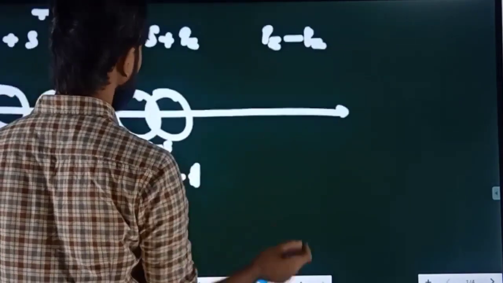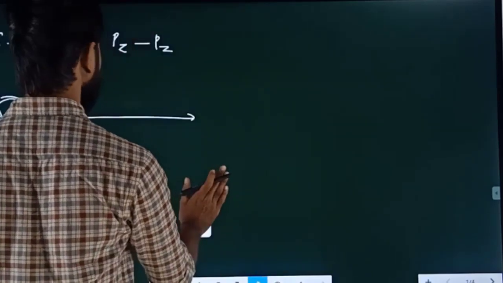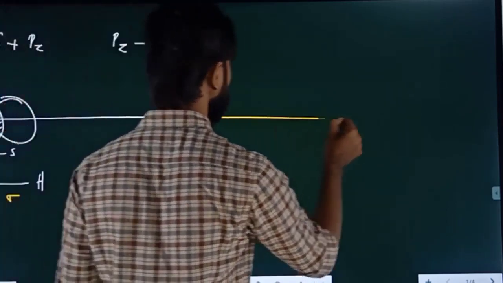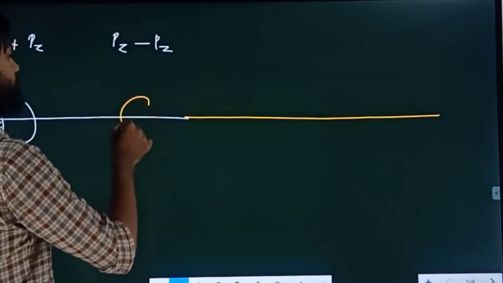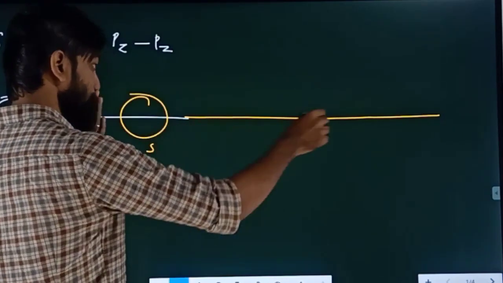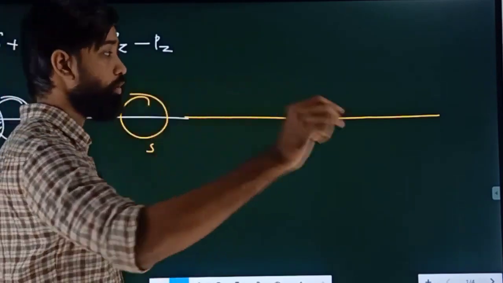So now what about the overlapping between S and PZ? S-PZ overlapping. This is the S orbital of an atom. If this is the internuclear axis, Z axis, the axis passing through the nuclei of two atoms.